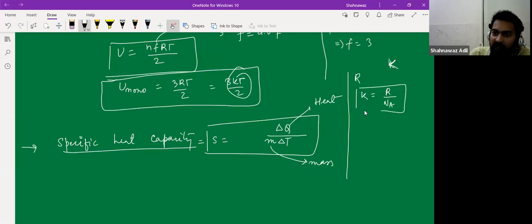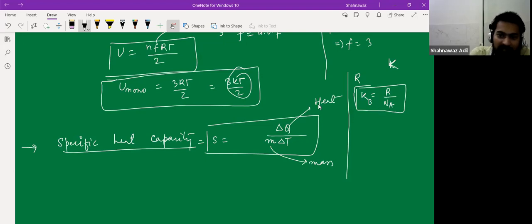This is also denoted by Kb, the Boltzmann constant. So this is how the Boltzmann constant and the gas constant are related.